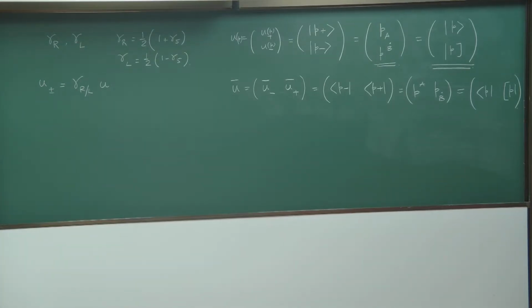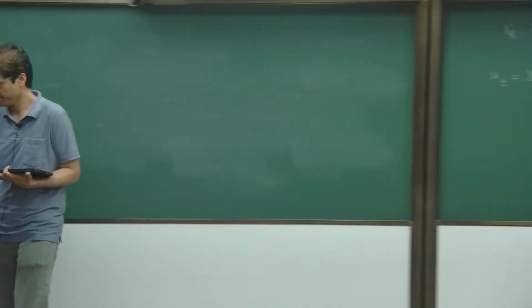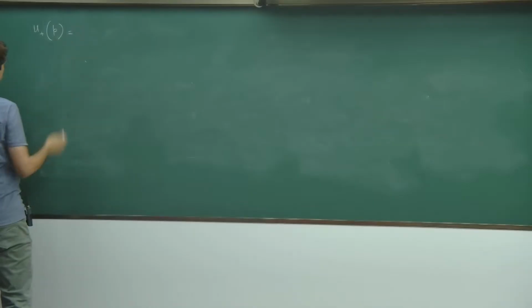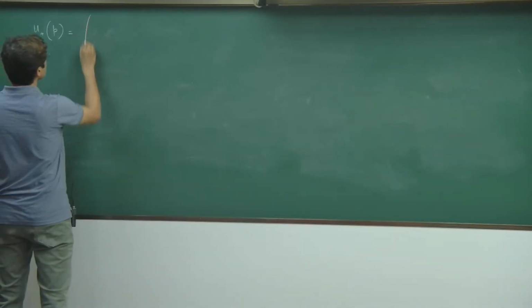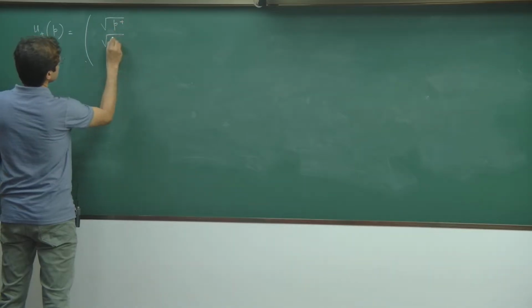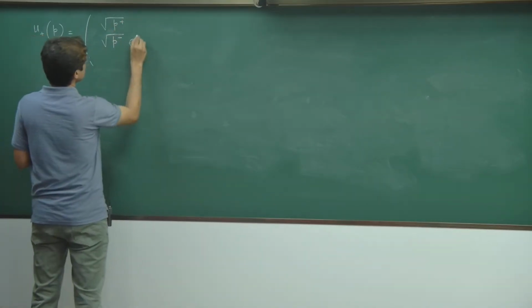Now, how would the solution look? That is very simple. By inspection you can easily get the solutions. So u plus p is equal to root over p plus, root over p minus e power i phi.